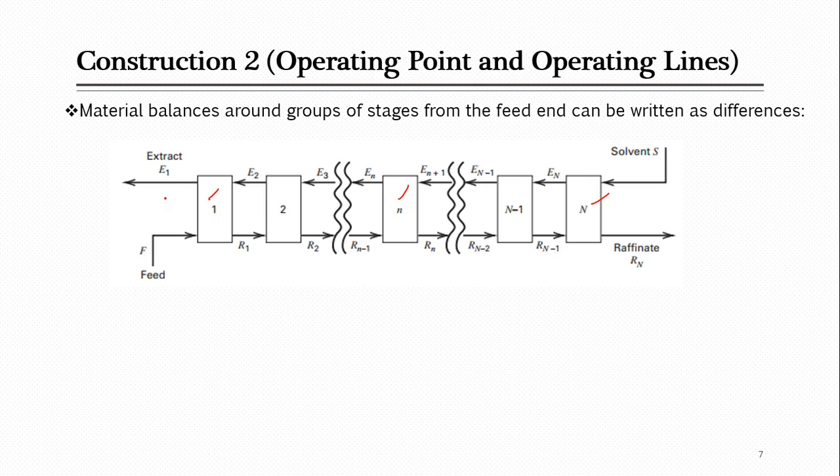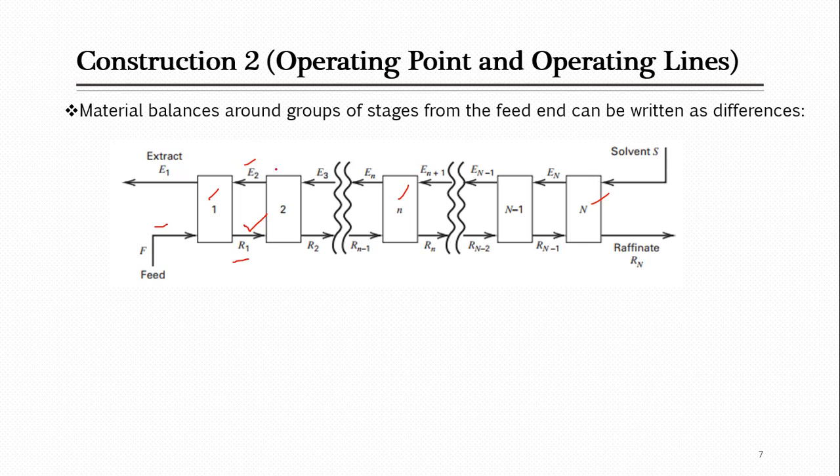You have seen that the main streams entering or leaving each stage are named based on their compositions. Feed is entering the first plate, and the stream which leaves from it and is rich in carrier is called raffinate.